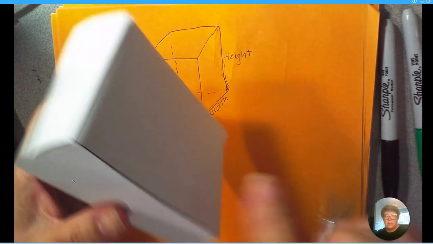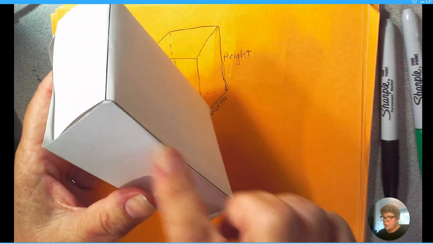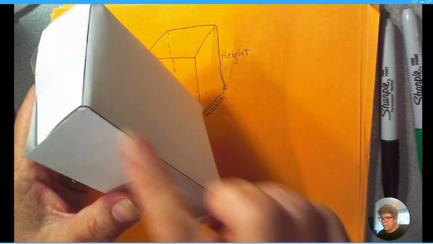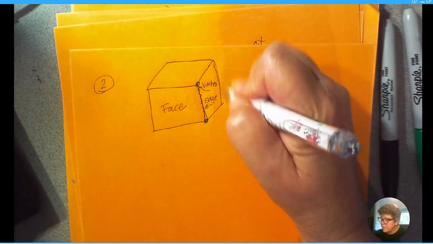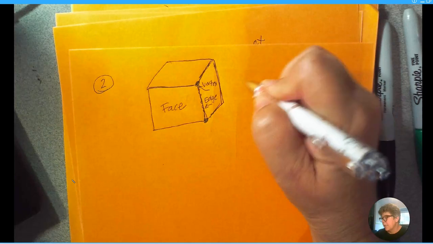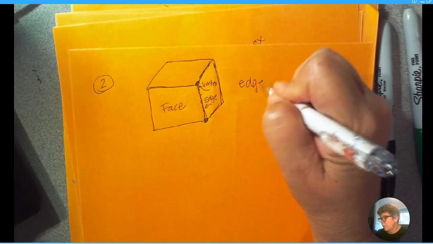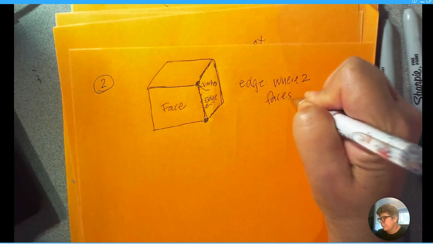So this part of your rectangular prism right here, this is called an edge, right? And I think we have a picture of that. There we go. Okay, so this whole thing is the edge. These are all edges, where 2 faces meet. Edge, where 2 faces meet.